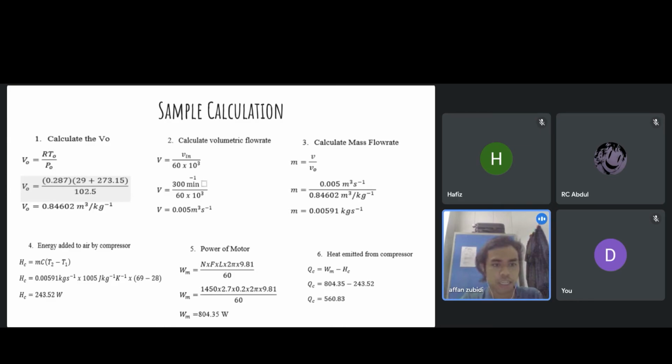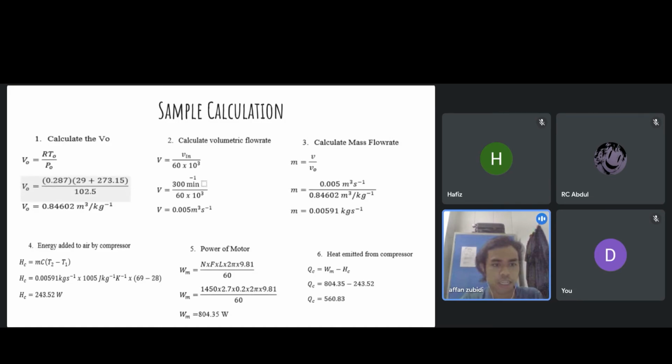So from that, we can calculate the HC, or the energy added to air by compressor, by using the formula m Cp delta T, or T1 minus T2. As for this HC, we just calculate for temperature equals 69 minus 28.